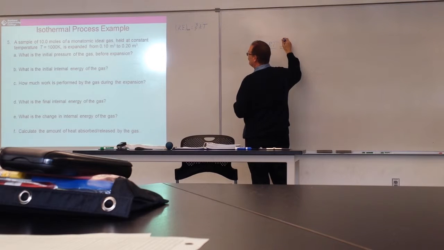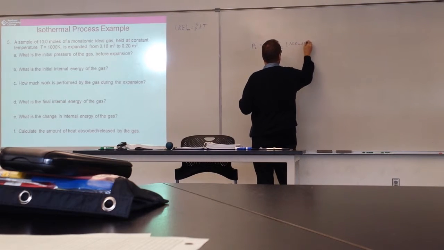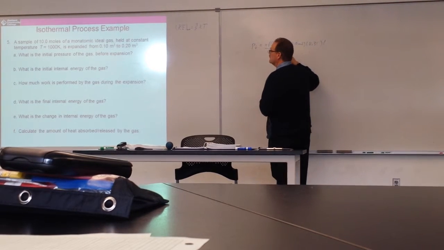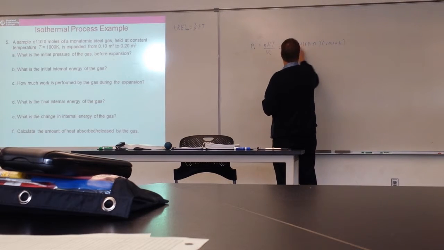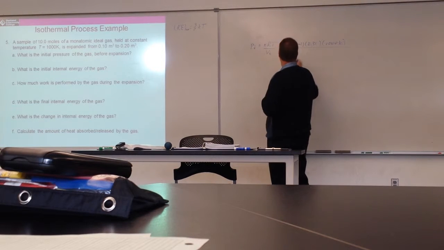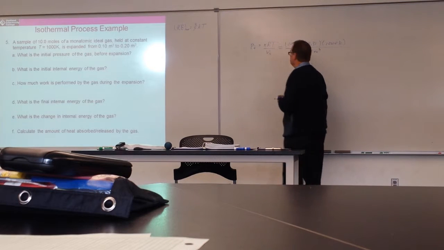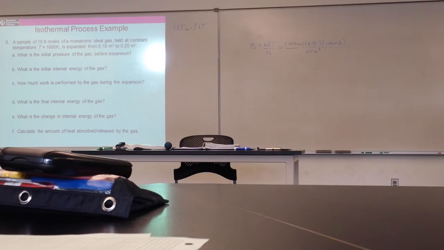You know the number of moles, so you've got 10.0 moles, 8.31, I'm not going to write the units because I'm tired, 1000 K over the initial volume, which is 0.1 meters cubed. Okay. Chug that through the calculator. 8.31 times 10 to the 5th.